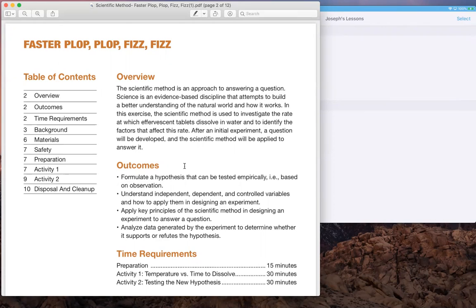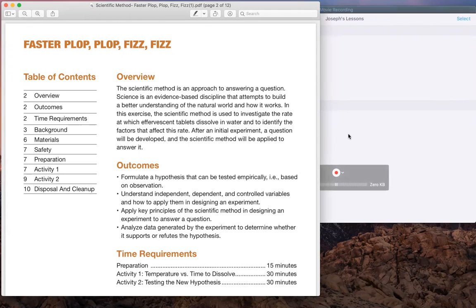Fast, plop, fizz. We will look at the rate at which the antacid dissolves in a given amount of H2O at different temperatures.